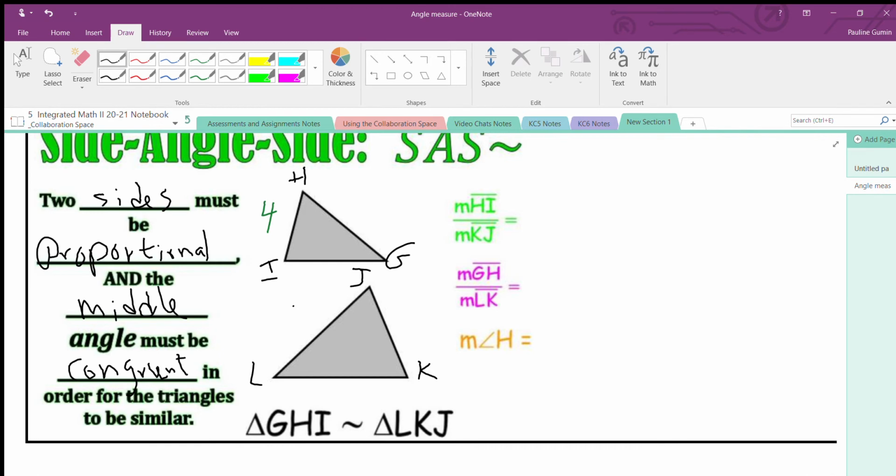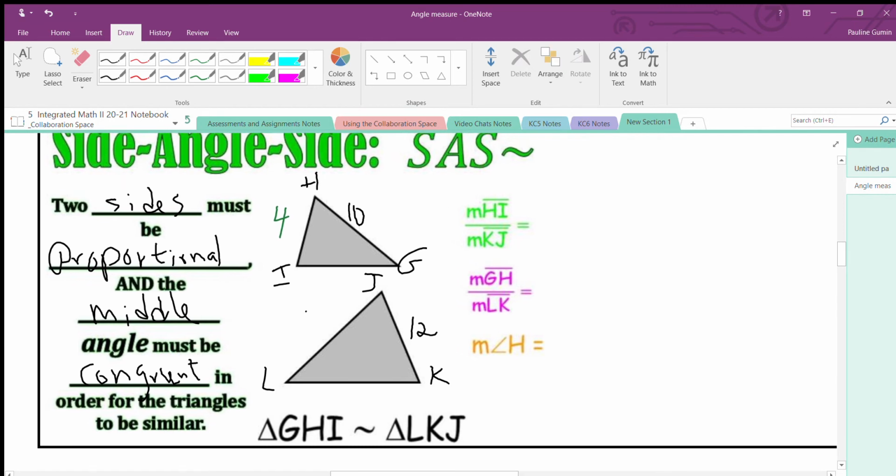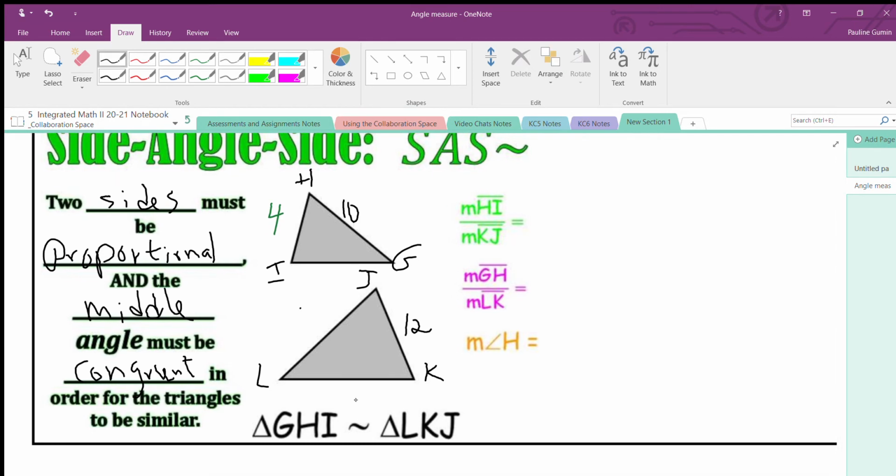I feel like making KJ 12. GH, let's make you 10. And LK would then have to be 30. And both of them have an angle here. Let's say H is 40 degrees and K is 40 degrees.